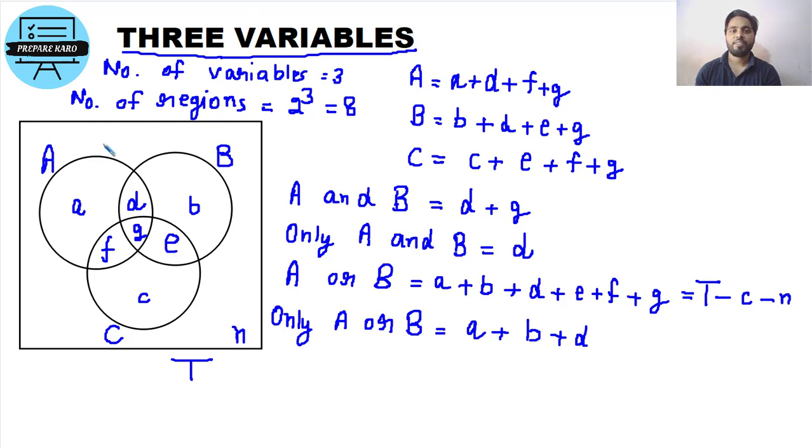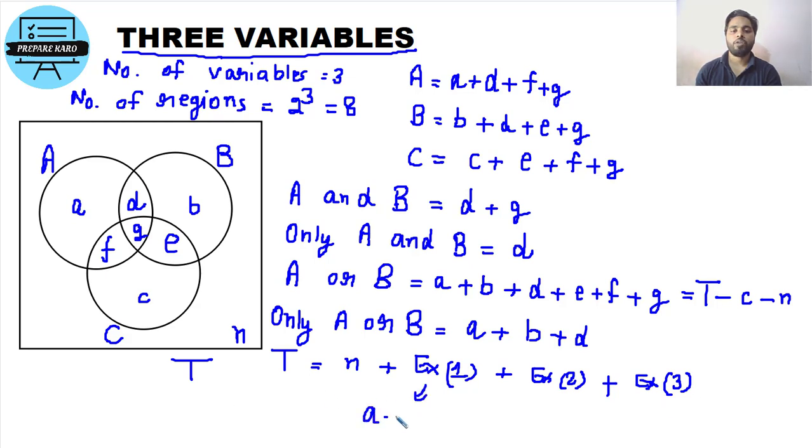All right. Next, total is none plus exactly 1 plus exactly 2 plus exactly 3, right? Exactly 1 is small a plus small b plus small c.